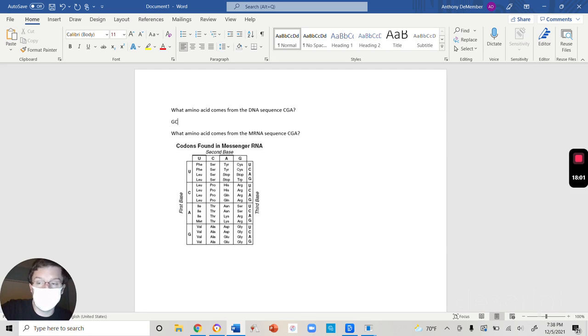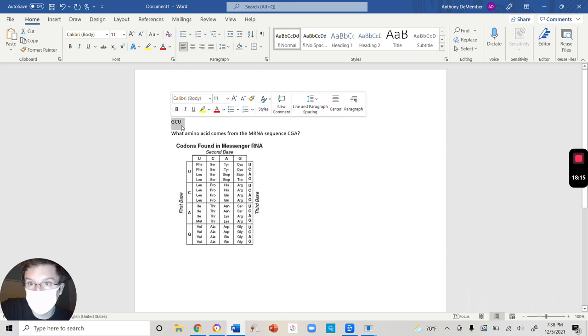This one's trickier. It's U. So G, C, U. So first we have to find the matching pairs for this because it's DNA. So we need to generate our messenger RNA sequence, which is GCU. So we got our G, we got our C. All right, so GCU, alanine.